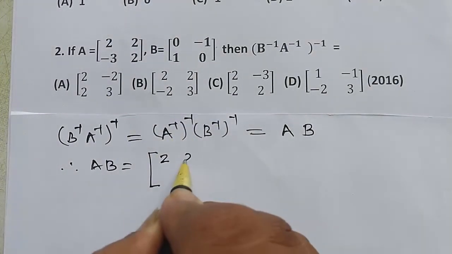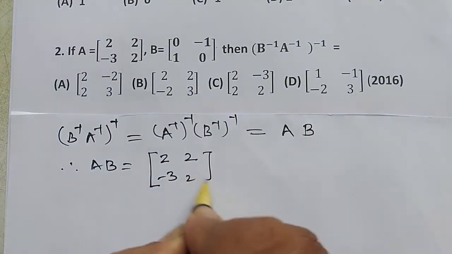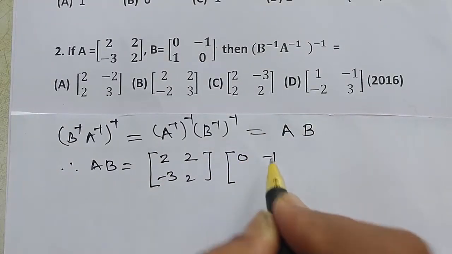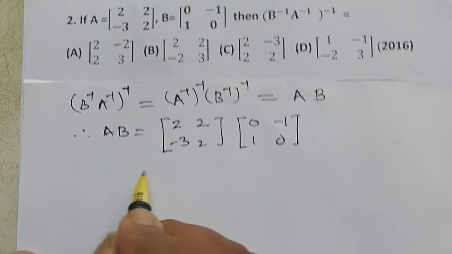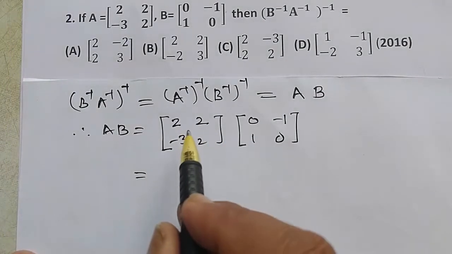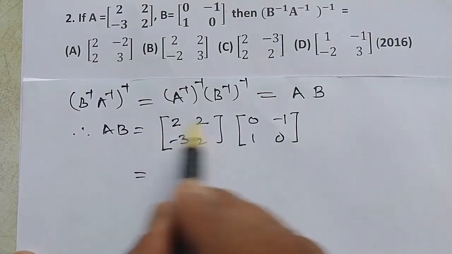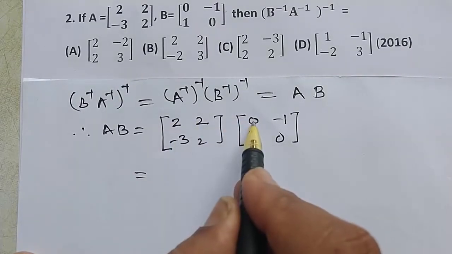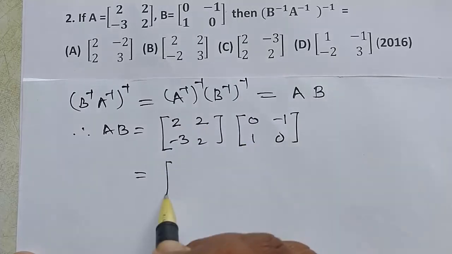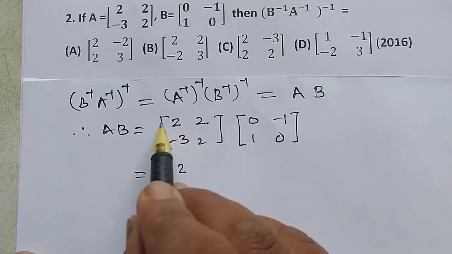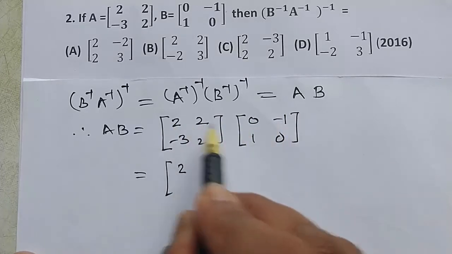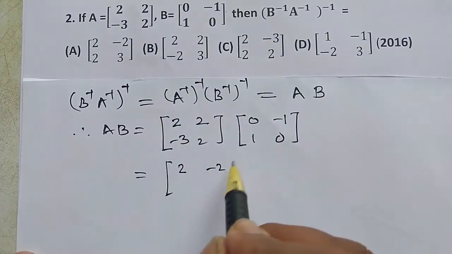First matrix A is 2, 2, minus 3, 2. And second matrix B is 0, minus 1, 1, 0. Matrix multiplication: we take first row, first column and multiply each element. 2 into 0 is 0, 2 into 1 is 2, so the first element is 2. Then first row, second column: 2 into minus 1 is minus 2, 2 into 0 is 0, that is minus 2.